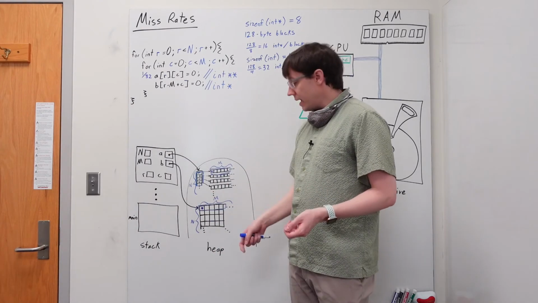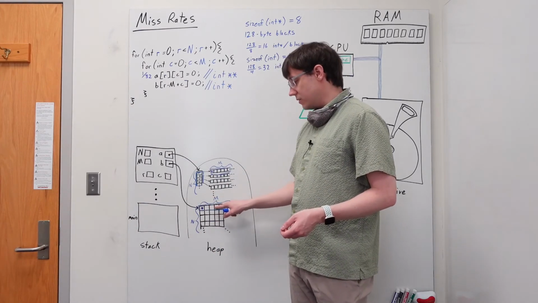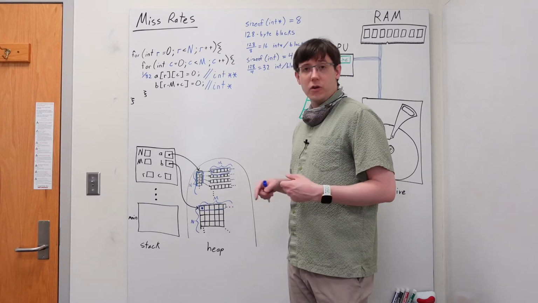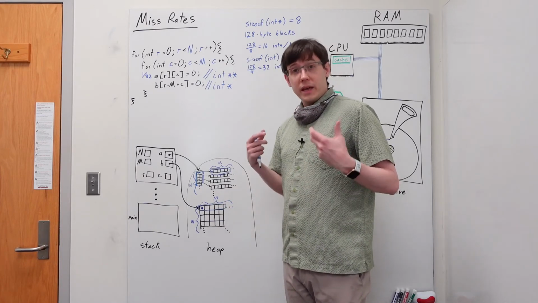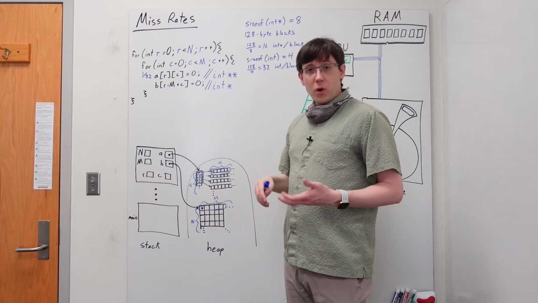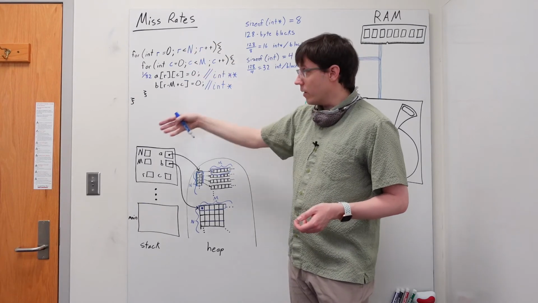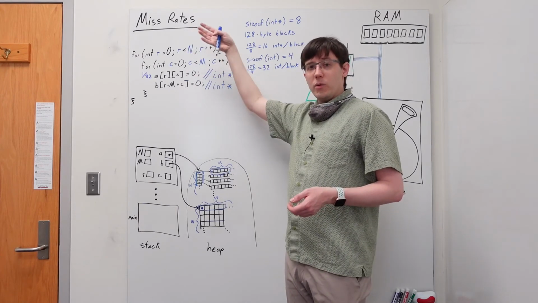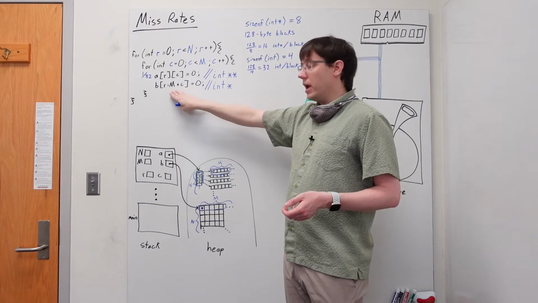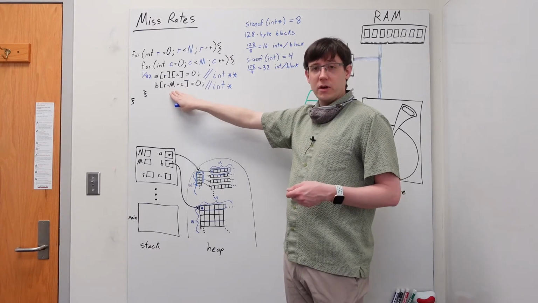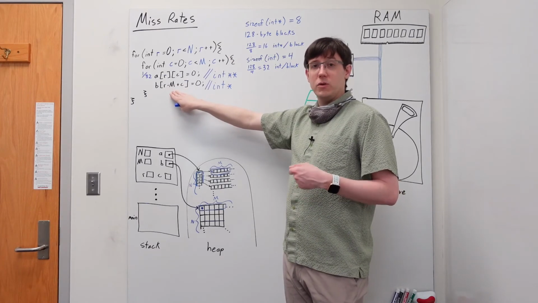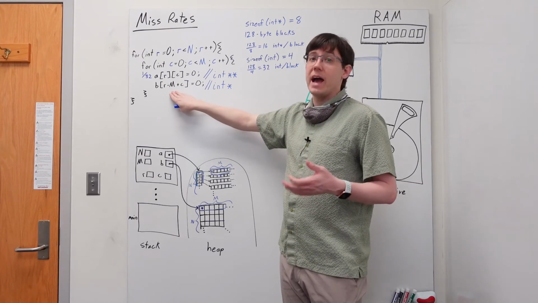And then our next 31 accesses into this array of integers will be cache hits. And so over the course of one iteration of the outer loop, we will again have that a 1 over 32 fraction of the accesses into the B array will be cache misses.